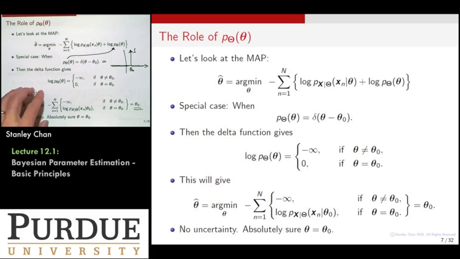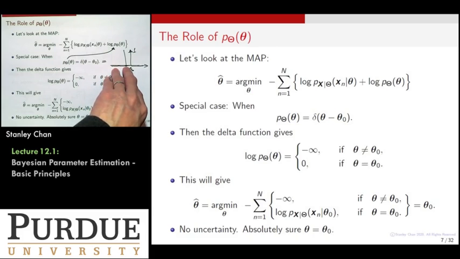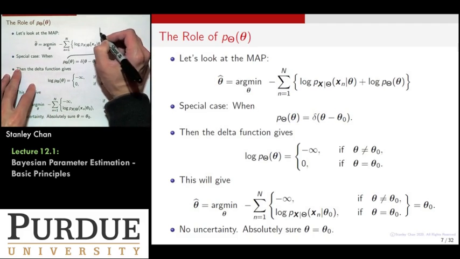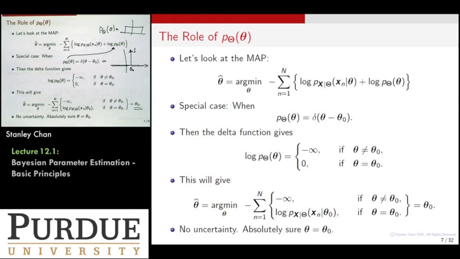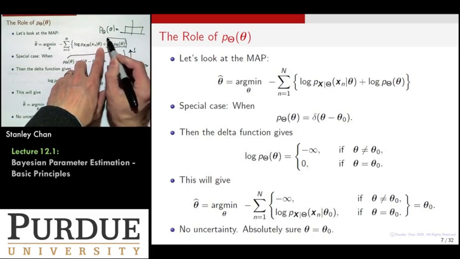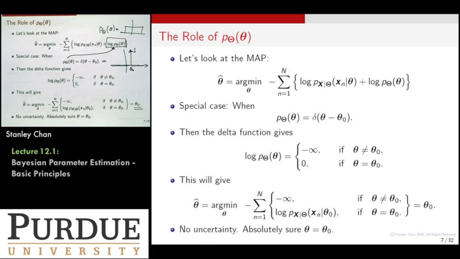Now, the opposite would be that I have no preference of my solution. In that case, you can say that my p of theta is just uniform across whatever range of theta that I am interested in. If you put that in, then you can see that the prior will become a constant.